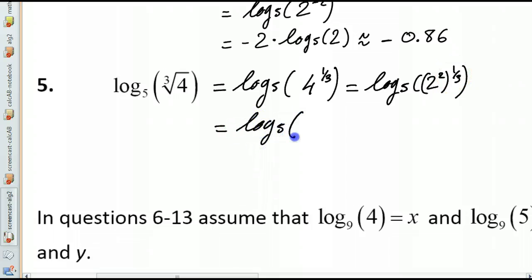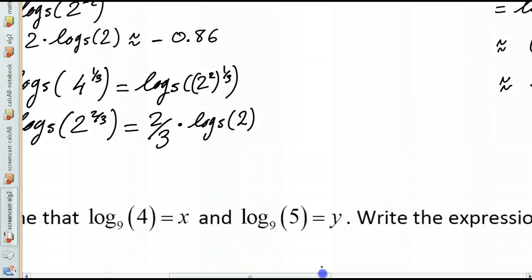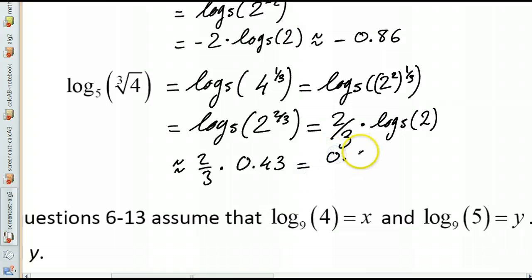So this is the log base 5 of 2 to the 2/3. And now let's take the exponent outside. 2/3 times log base 5 of 2. So it is about 2/3 times 0.43. So it is 0.86 divided by 3.